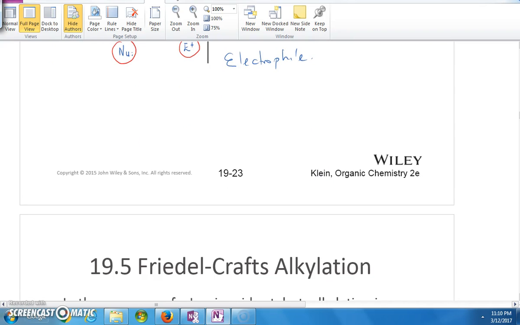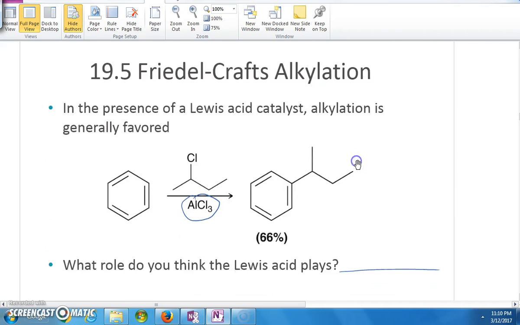It needs the help of a Lewis acid. And the Lewis acid that we're talking about is mostly things like aluminum chloride, right? So if you have something like sec-butyl chloride, in the presence of aluminum chloride, you have a substitution to give you the arene.